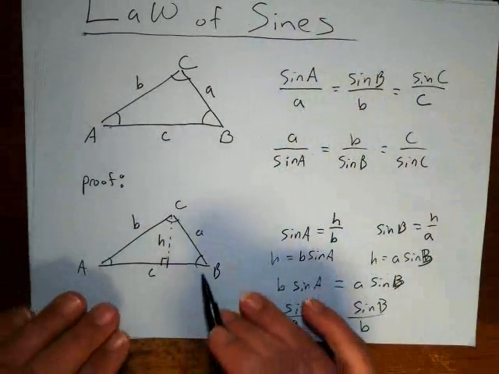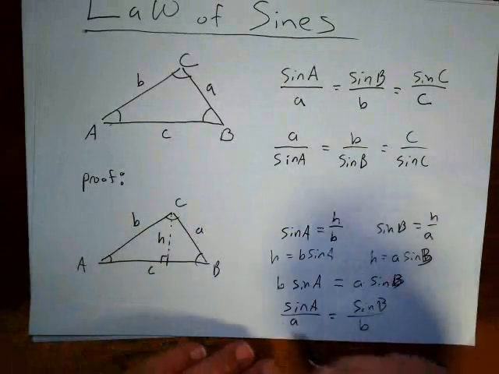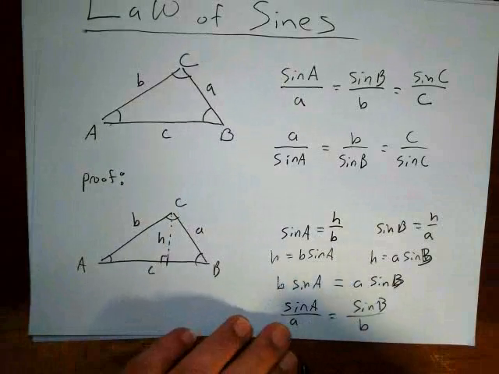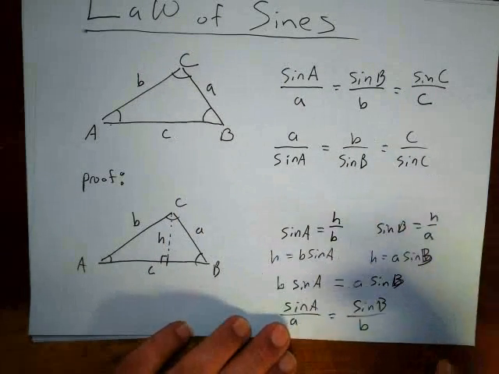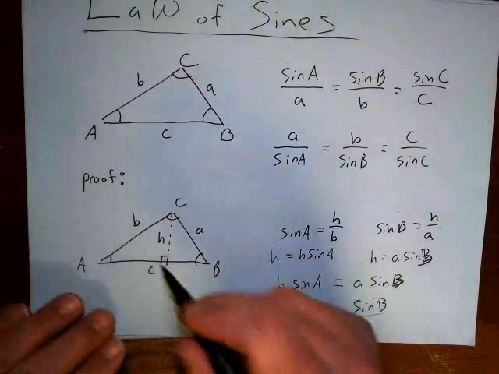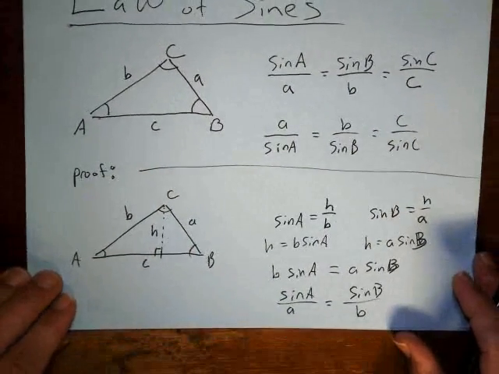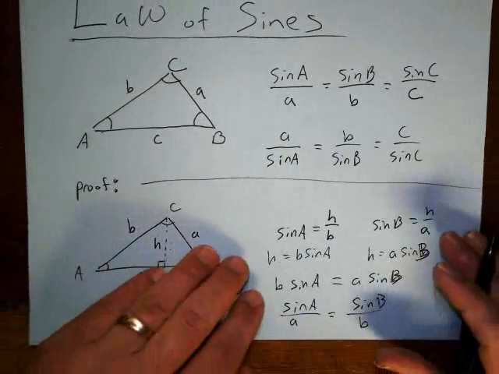I could do a similar thing if I reoriented the triangle, dropping down a different diagonal, and show sine A over A is equal to sine C over C, and that would show that all three of them are equal. So it's really a pretty easy proof. It's not that complicated.